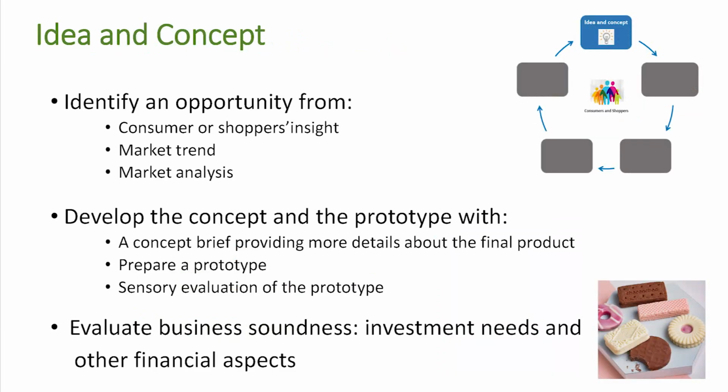New flavor. So let's start with the first step, which is idea and concept. You have seen that in our process, idea and concept is the first one we start with. The first thing we start with is to identify an opportunity.